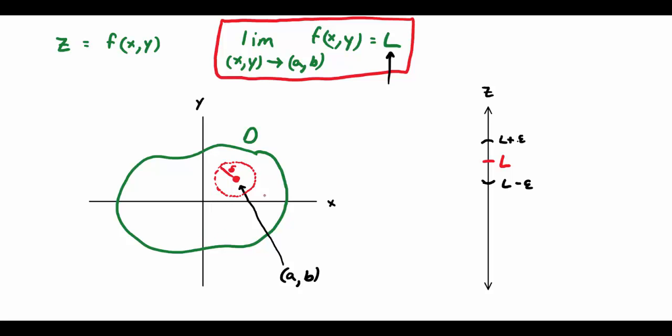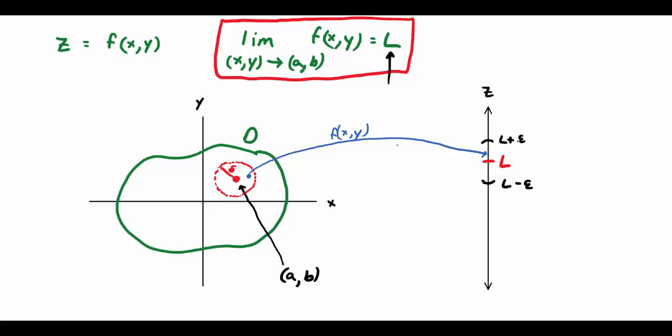And the idea is going to be that if you pick an (x, y) value in here, then f of (x, y) will be guaranteed to be in here, guaranteed to be within epsilon units of L.